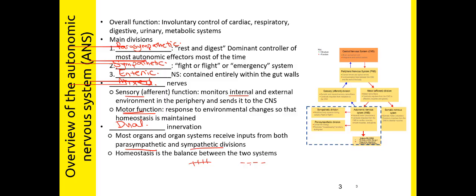So for example, heart rate. Heart rate at rest is controlled mainly by the parasympathetic nervous system, which slows down your heart rate. And then when there is a loud noise or you see something that you perceive as being a danger, your sympathetic nervous system kicks in and speeds up your heart rate, right?